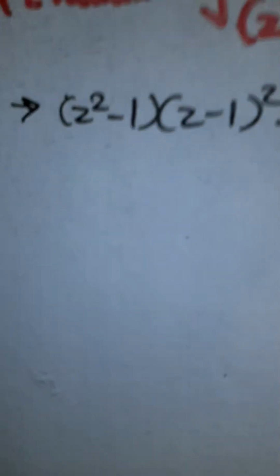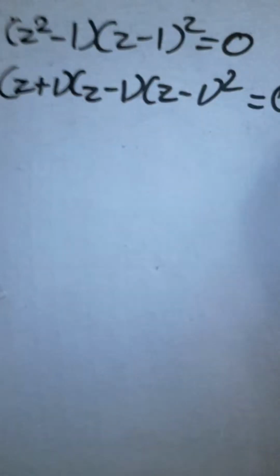You found that, right? Now this would look like z plus 1 into z minus 1 into z minus 1 whole square. We can actually break this, but we can't here because this uses a different formula.